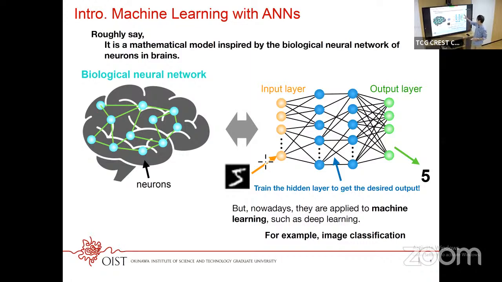And we want to get some result from the neural network. In this case, we want to get the 5, the number in these images. And to get the desired output, in machine learning we need to optimize the weights of the network in the training.